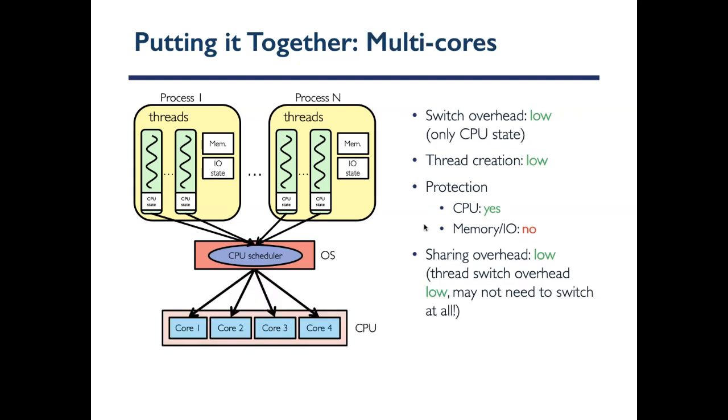Now, let's again make it a little bit more interesting and closer to reality. What happens if you have multiple CPUs, multiple cores in your system? In that case, switching overhead becomes really low because now you can run each process potentially on its own dedicated core.